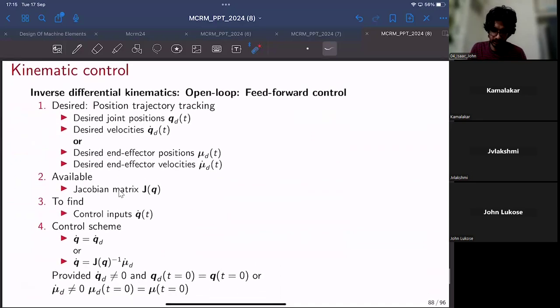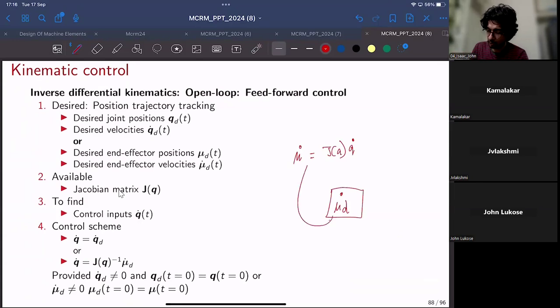And we have actually seen kinematic control. The first actually is nothing but an open loop control. So we know the Jacobian relation, mu dot is J of q multiplied by q dot. So if you want your robot to track a desired trajectory, mu desired, you simply plug this mu desired in, so that the control input q dot would be J of q inverse times mu desired dot.